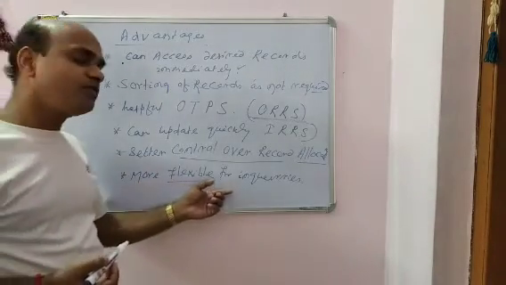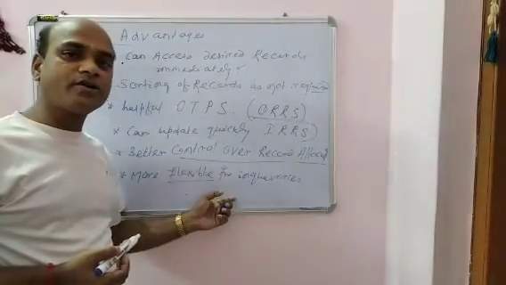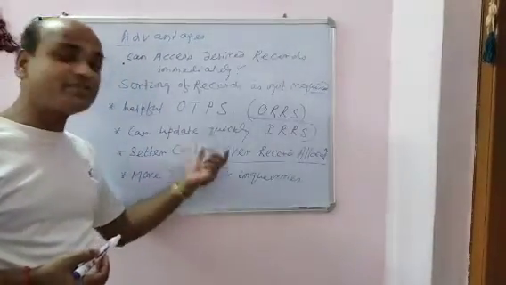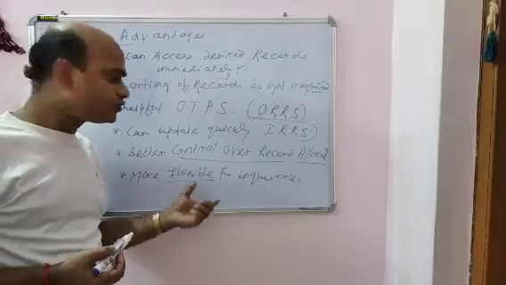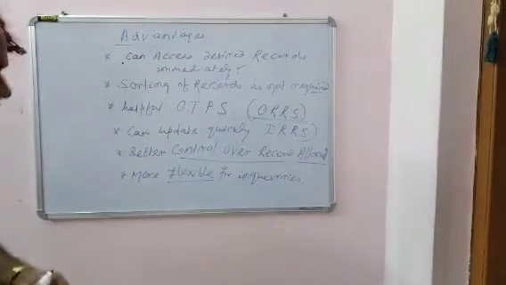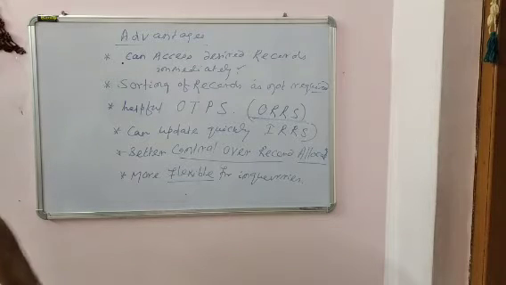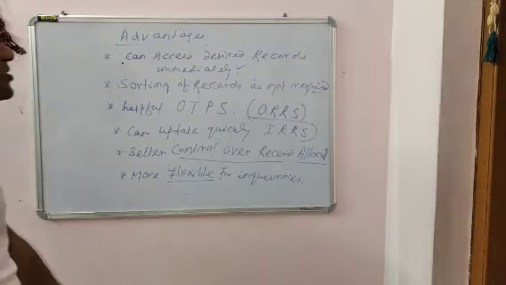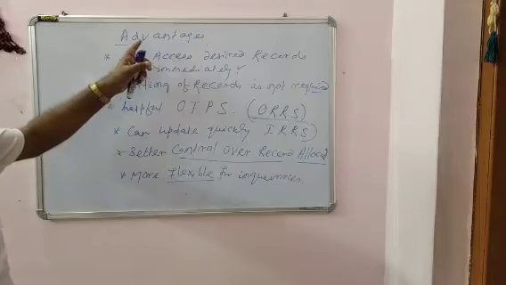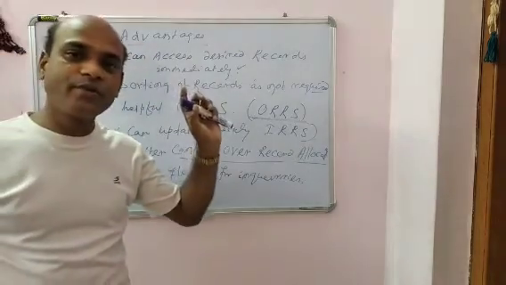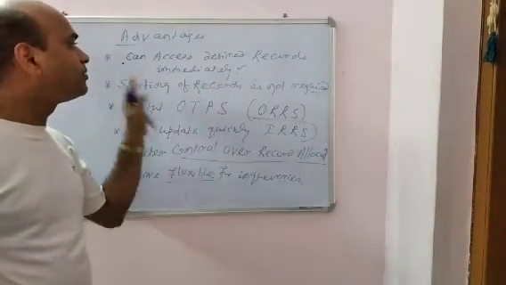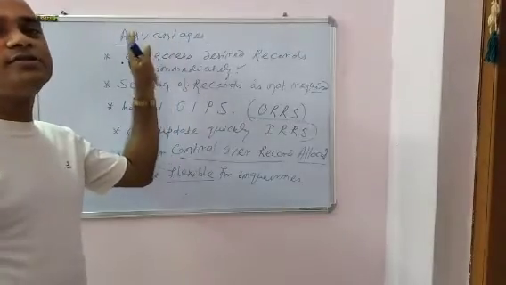Also it is more flexible and more user friendly because of the hash function we are using. And it is used in online transactions. Whenever online transactions are required, we can use this direct file organization. So this is all about direct file organization and its advantages.